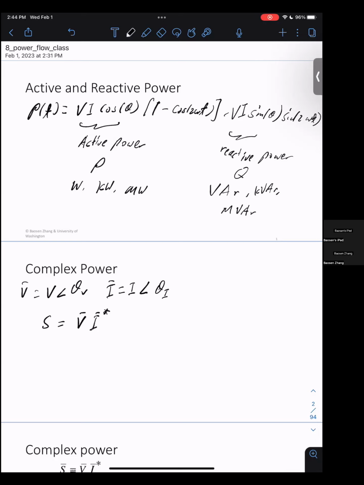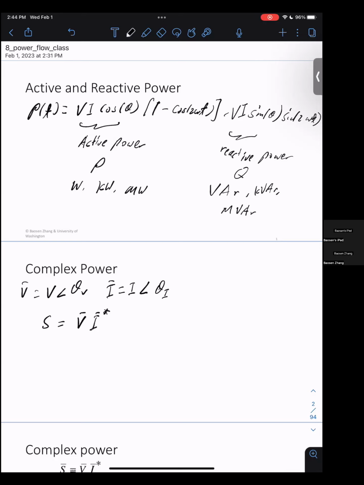So what happens if you conjugate this complex number? What's the conjugate of that? Right, you flip the angle. The magnitude stays the same, you flip the angle, that's the conjugation of a complex number.